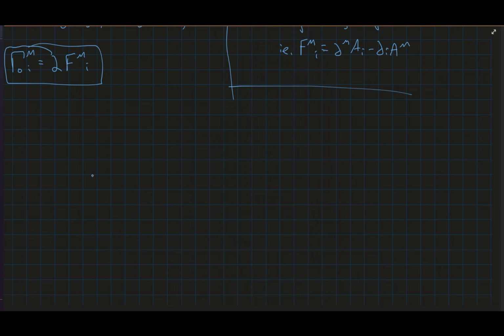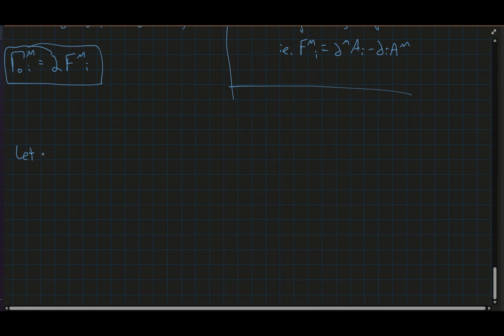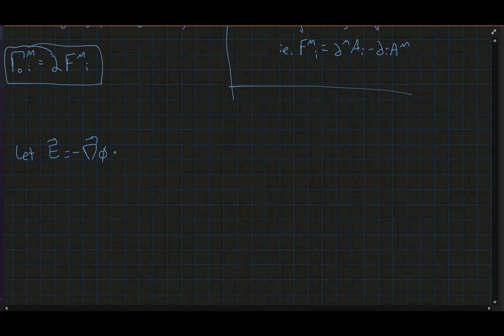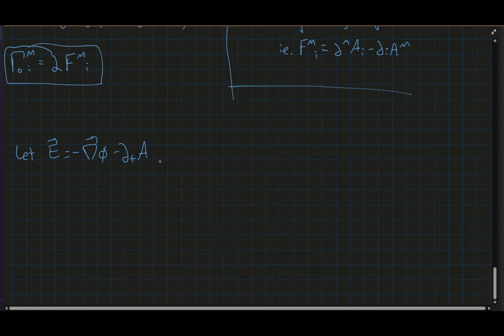Okay, so just some more definitions from E&M. Let's say we're going to define E, the electric field, to be minus del phi minus del_t A, and the magnetic field B equals curl A. And you can just get this from any E&M textbook.